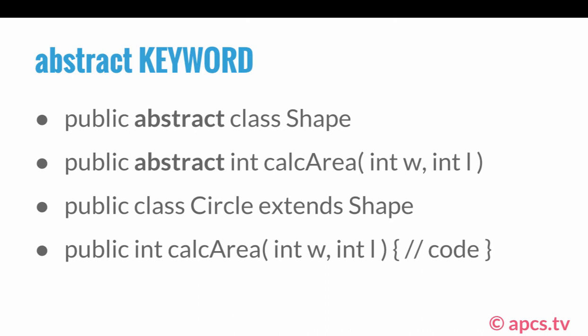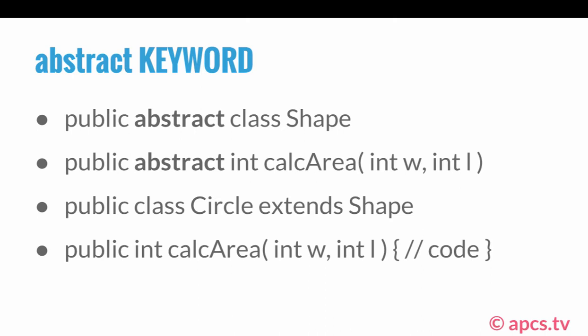Next, within this shape abstract class, we would have public abstract int calcArea(int w, int l). This is just like a normal declaration that you would see, public int calcArea. Again, we're inserting the abstract keyword, and what the abstract keyword is doing is telling the computer, okay, this is an abstract method. And that's the only line we need for this calcArea method, because as we know, the ability to calculate an area is dependent on what type of shape it is.